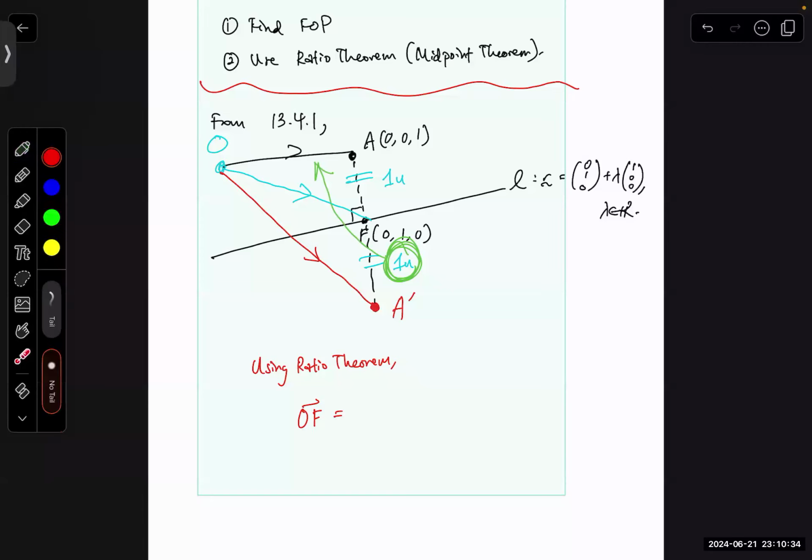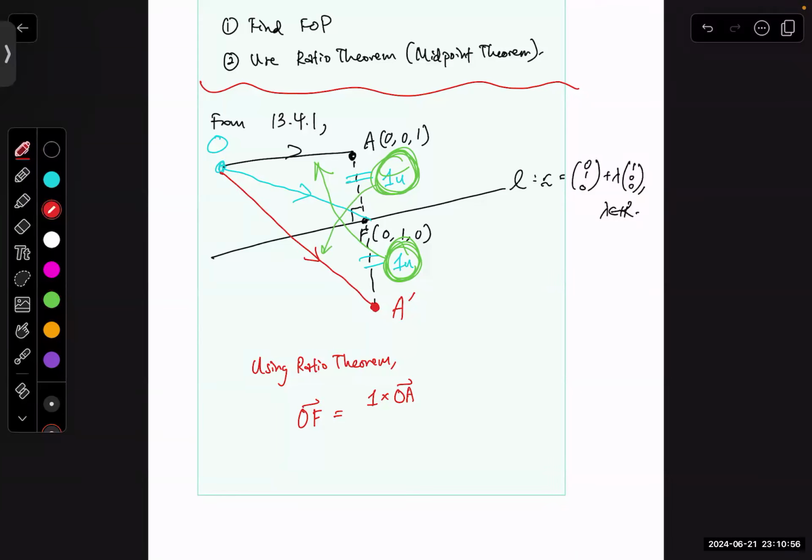So that's vector OA. So 1 unit times vector OA. Okay, let's just write it as 1 times vector OA. Then I take this number, multiply to red color.